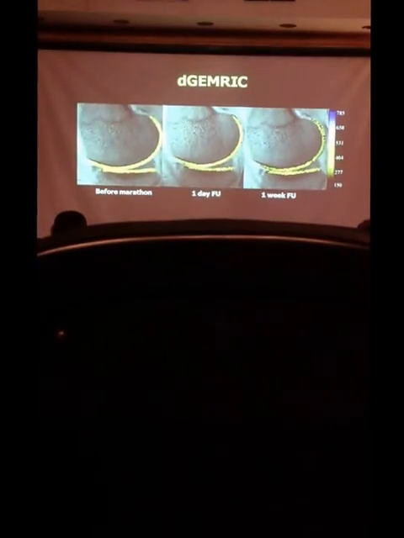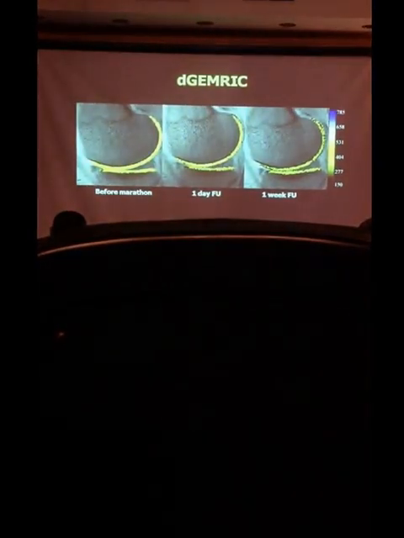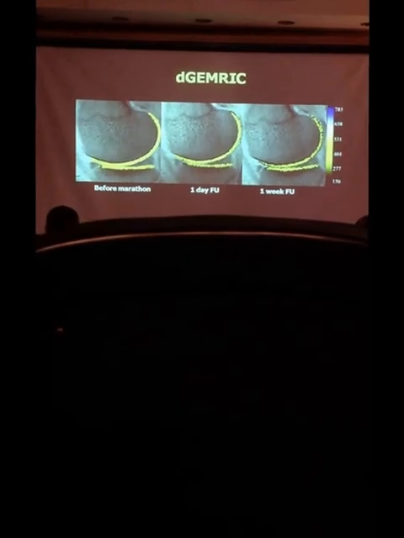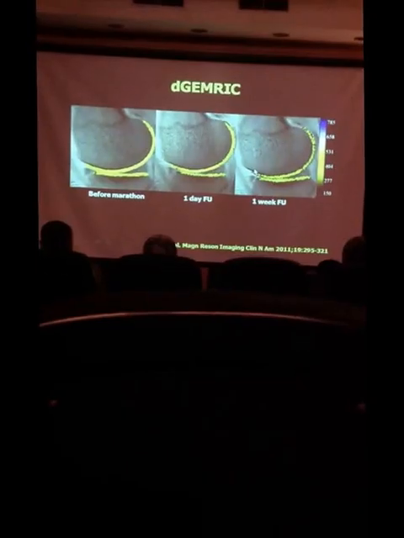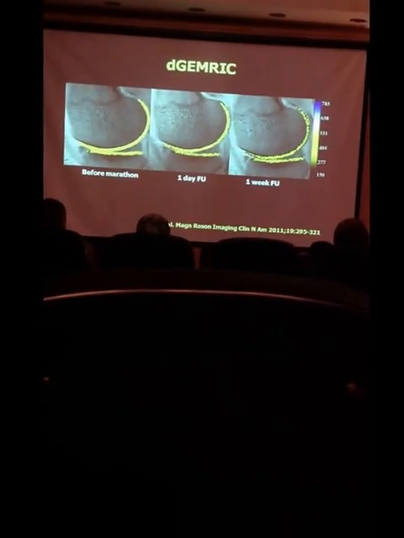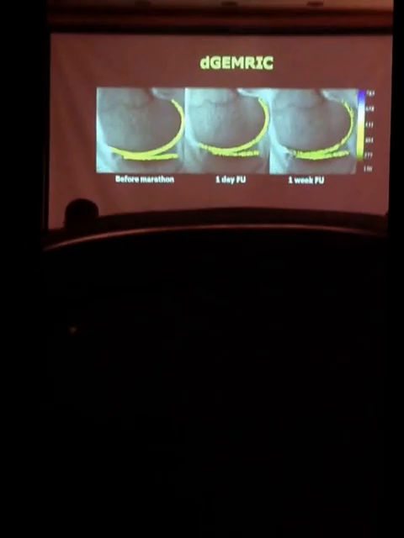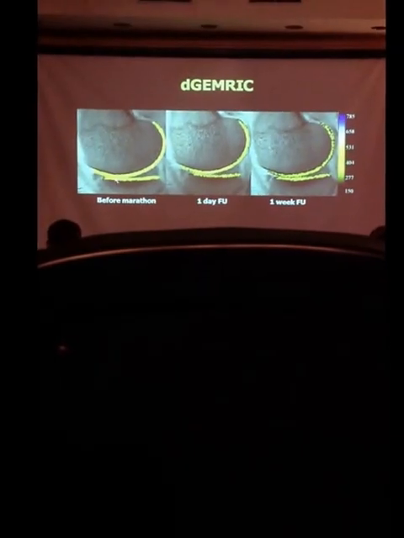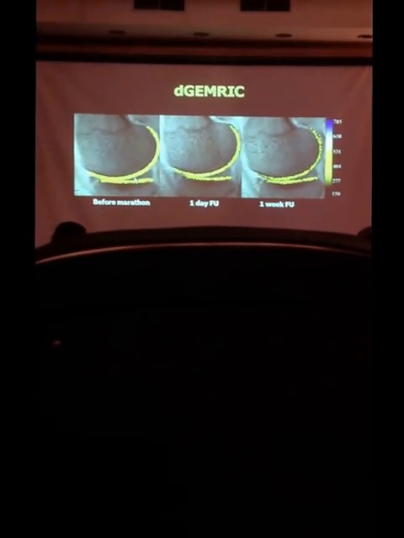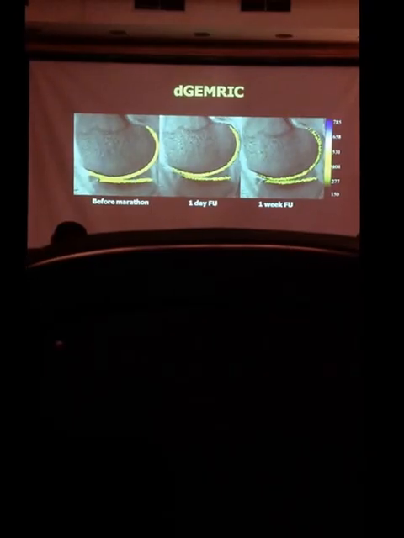Again, to show you that all these compositional techniques might be affected by physical activity, so be careful with physical activity. It does not mean that the cartilage is degenerating. This is a young athlete, so he ran a marathon. So before a marathon, you see how the colors appear. The cartilage is homogeneous with, I would say, intermediate degenerative values.